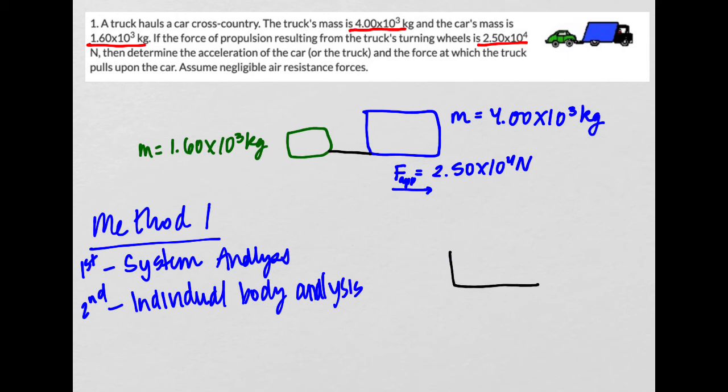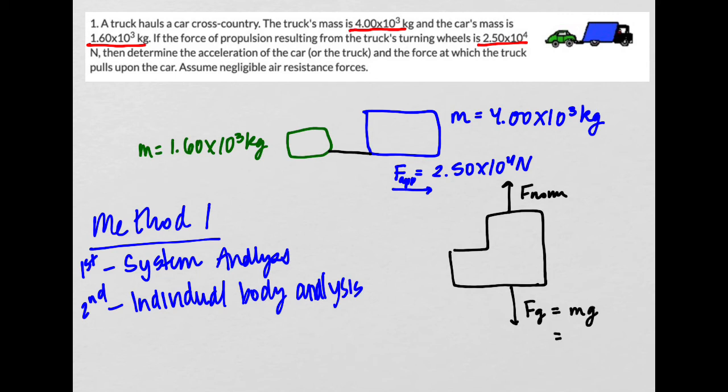Let's say that this is my car and my truck. They are one object moving together. Okay? There's my object. I have a normal force, of course. I have a force of gravity. The car and the truck are not moving vertically, so I'm not going to waste our time solving for them. In the homework, I think I do ask you to solve for them, but that's easy. All we have to do is mass times gravity.